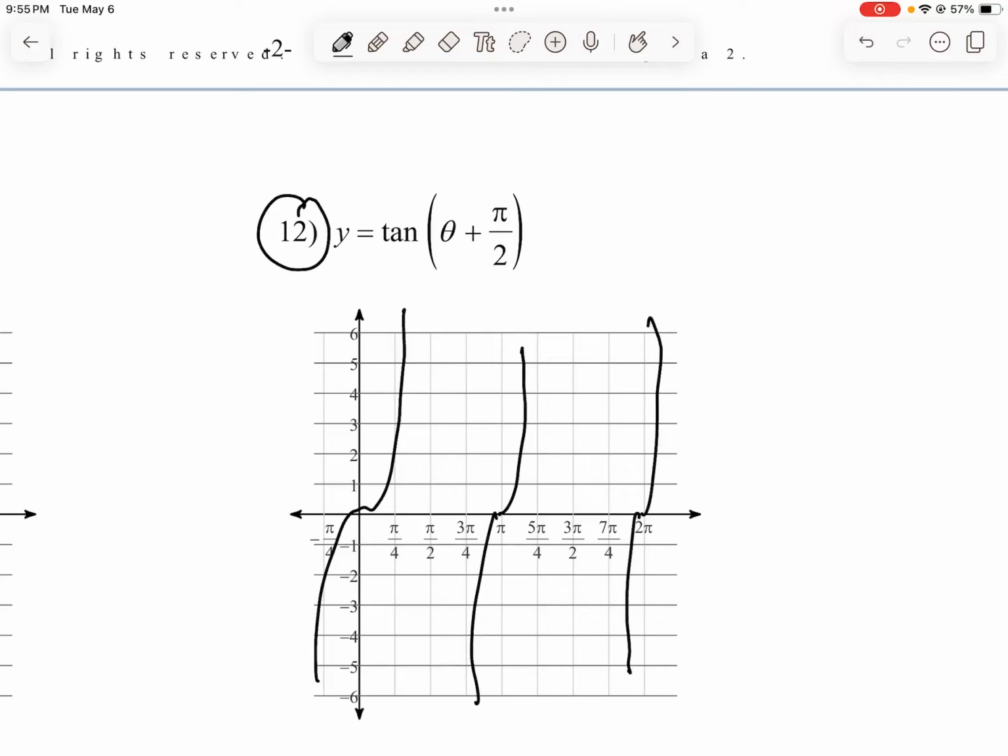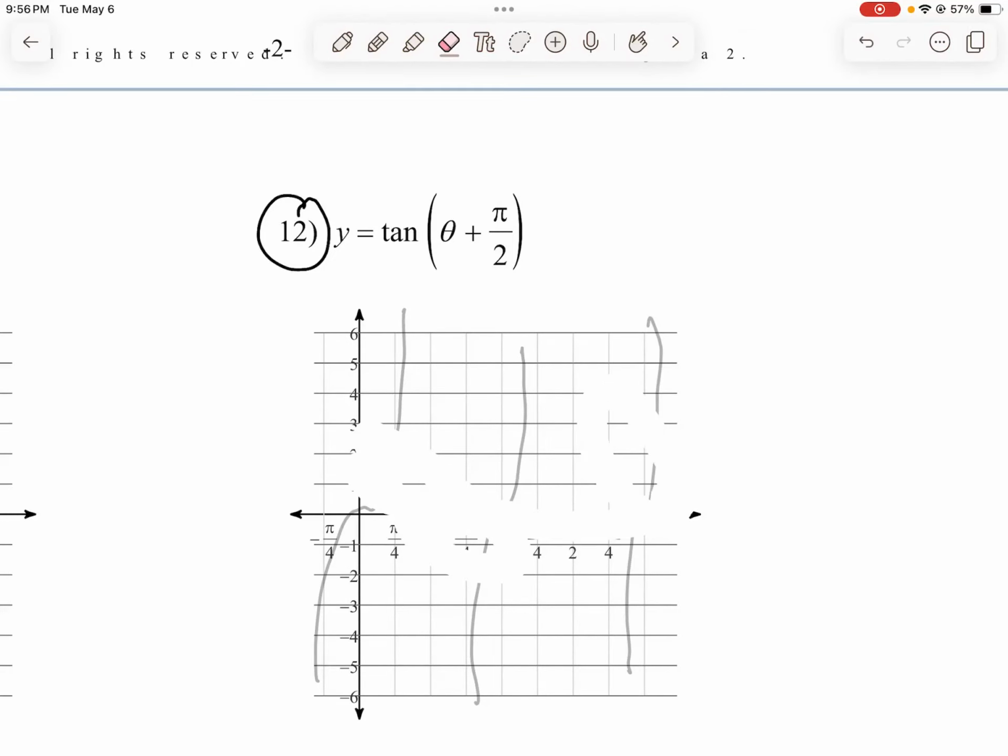And that's what a tangent looks like normally. The period is still pi. You see how that works and how it repeats itself every pi.